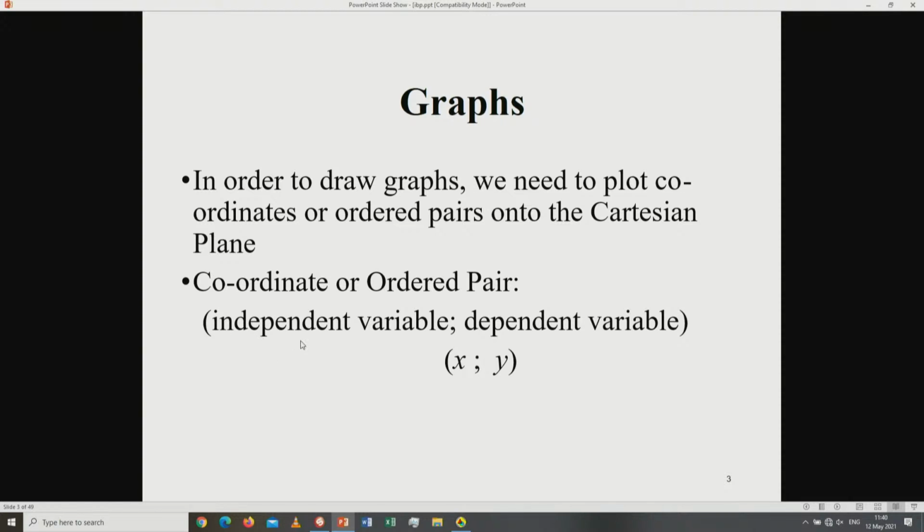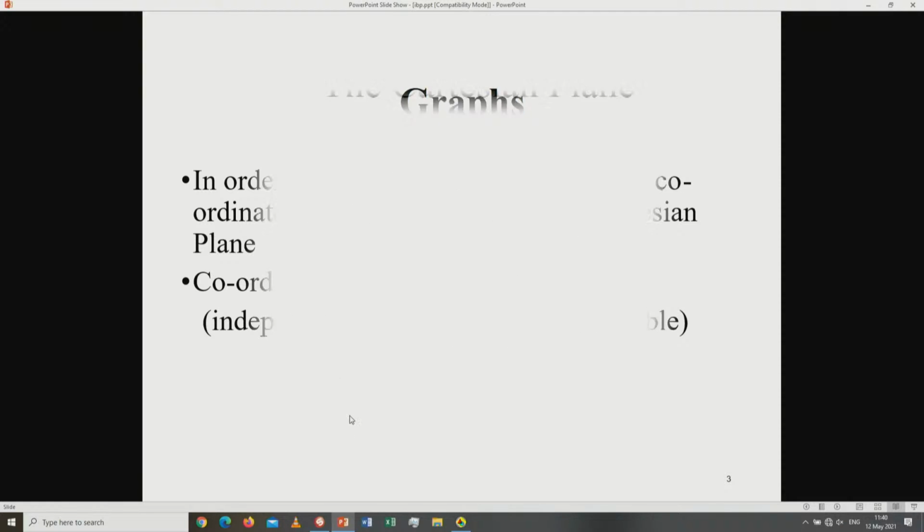We need the independent variable as well as the dependent variable. You remember on the table earlier on, I said the independent variable represented the x values, and the dependent variables are the y values. For us to sketch or plot the graph, we need to have those coordinates. In the coordinates or ordered pairs, we have the independent variable as well as the dependent variable.